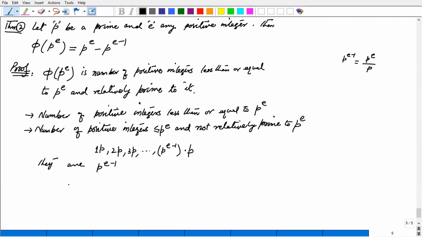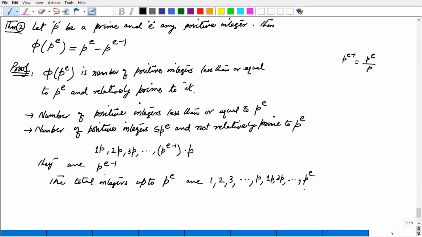And the number of positive integers less than or equal to p to the power e is p to the power e, because if you start counting, the total integers up to p to the power e are 1, 2, 3 till p, then again 1p, then 2p, till the last one, which must be p to the power e.